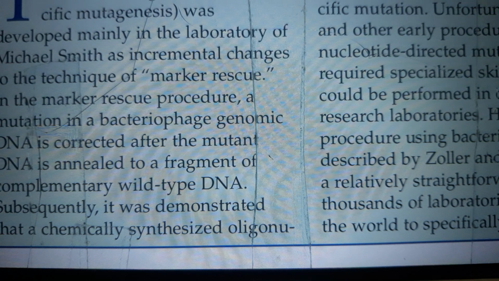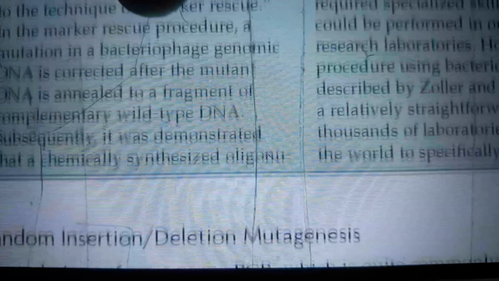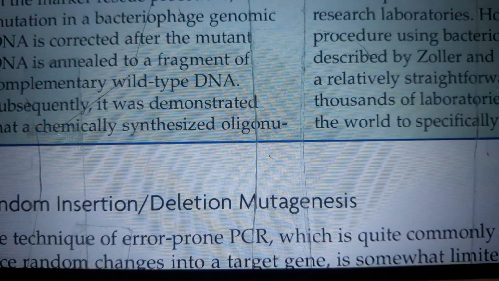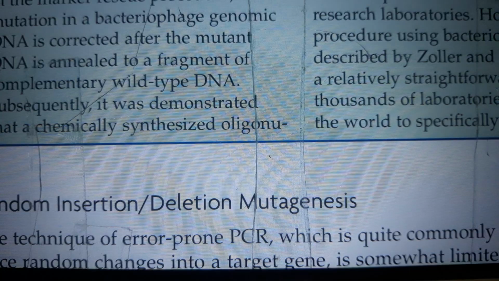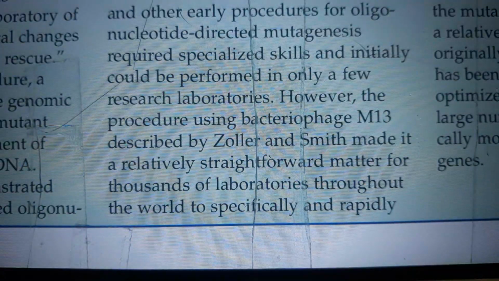In the marker rescue procedure, a mutation in a bacteriophage genomic DNA is corrected after the mutant DNA is annealed to a fragment of the complementary wild-type DNA. Subsequently, it was demonstrated that a chemically synthesized oligonucleotide annealed to bacteriophage genomic DNA could produce a specific mutation.